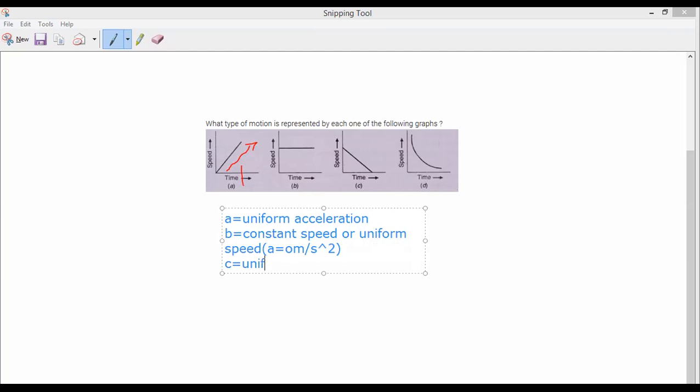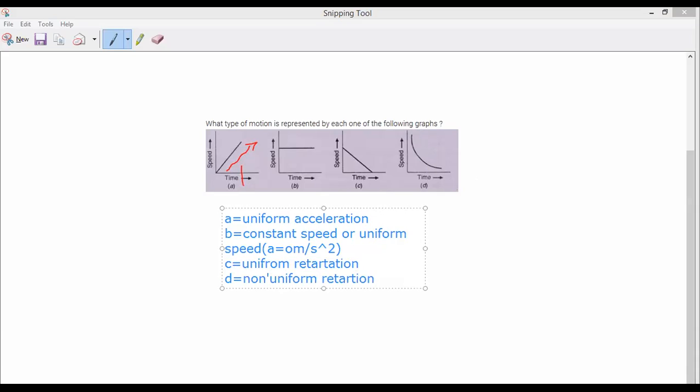Uniform retardation, sir. Next, D graph. If you observe, it is decreasing randomly, not constantly. So randomly decreasing. Decreasing means, in the sense of what? Non-uniform retardation, sir. That's all. So non-uniform retardation.